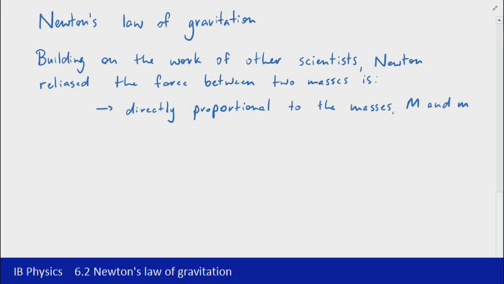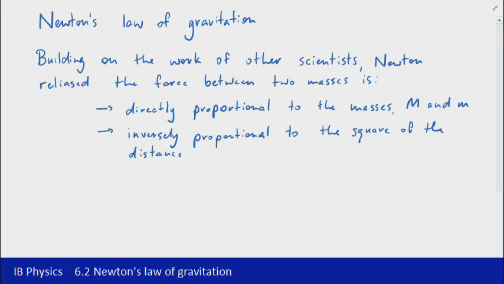So directly proportional to those masses and inversely proportional to the square of the distance between them. So this is another inverse square law. Before we get on to the relationship, I need to make the point here that it's the square of the distance between the centers of the masses.